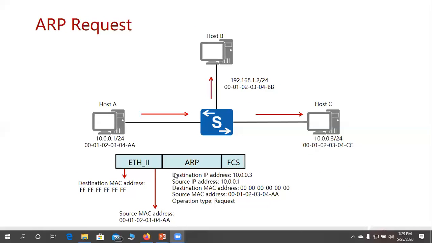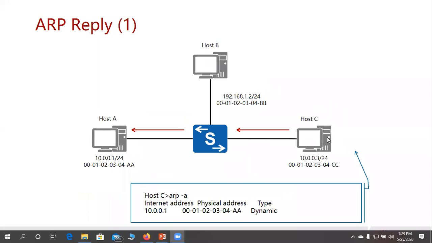Okay, so this is the message which is going to be sent here. And you can see that the destination address will be the address of this PC here. All right, so you can see now host C is going to reply.